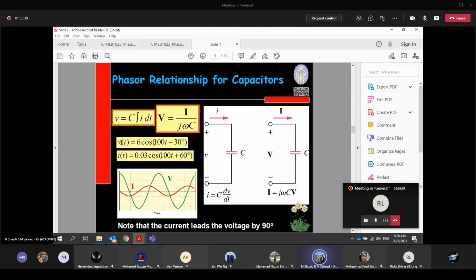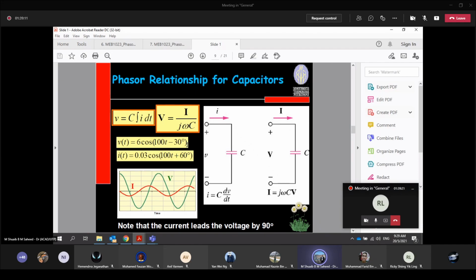So if you write back the voltage and the current, you will see that the phase difference is negative 90, or you also can say positive 90 degree. But the fact remains the phase difference is 90 degree. But in this case, the current will lead the voltage by 90 degree, meaning the current will start first, then only the voltage comes in.